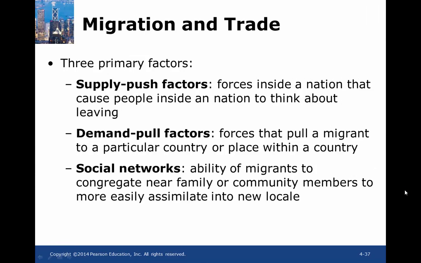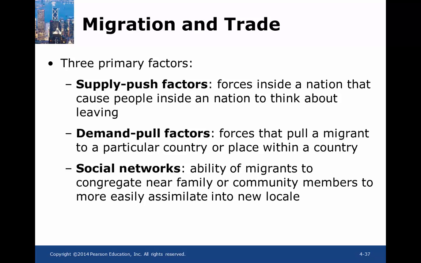Migration and trade. Three primary factors: supply push factors, demand pull factors, and social networks. Supply push factors are forces inside a nation that cause people to think about leaving.